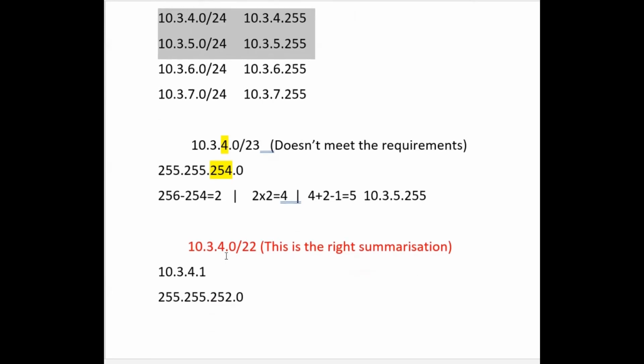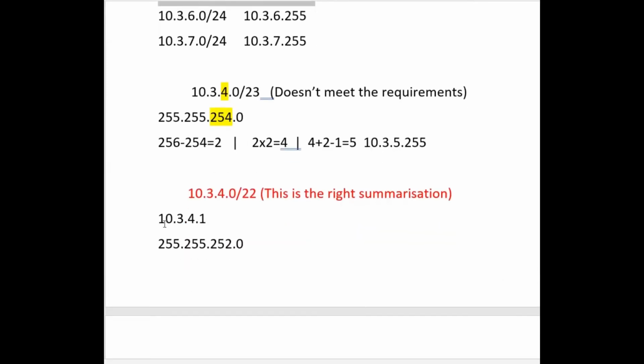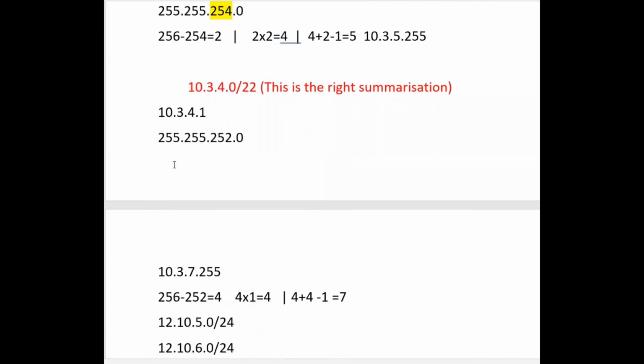So what we'll do next is take 10.3.4.0 and try with /22. The mask is 255.255.252.0. With /22 we have 6 bits in the third octet, and 6 bits means 252.